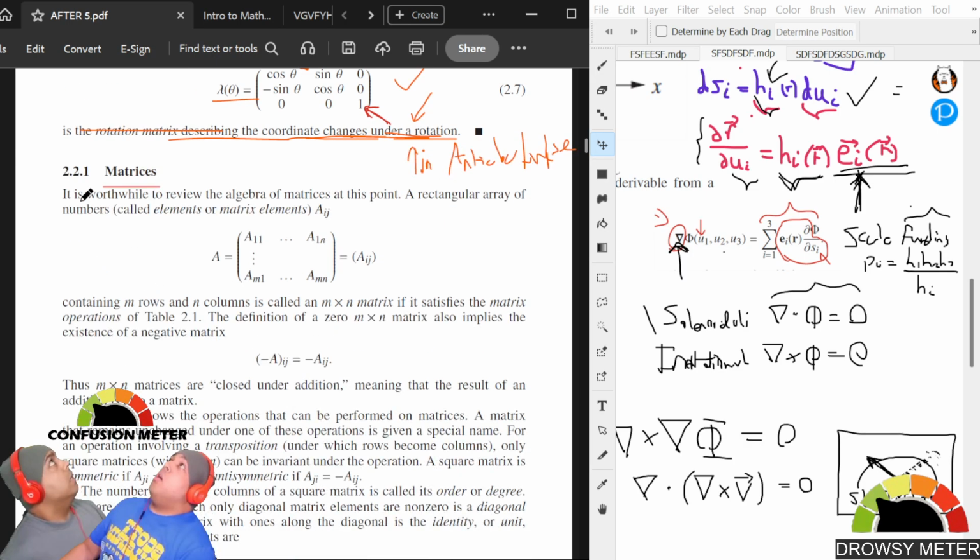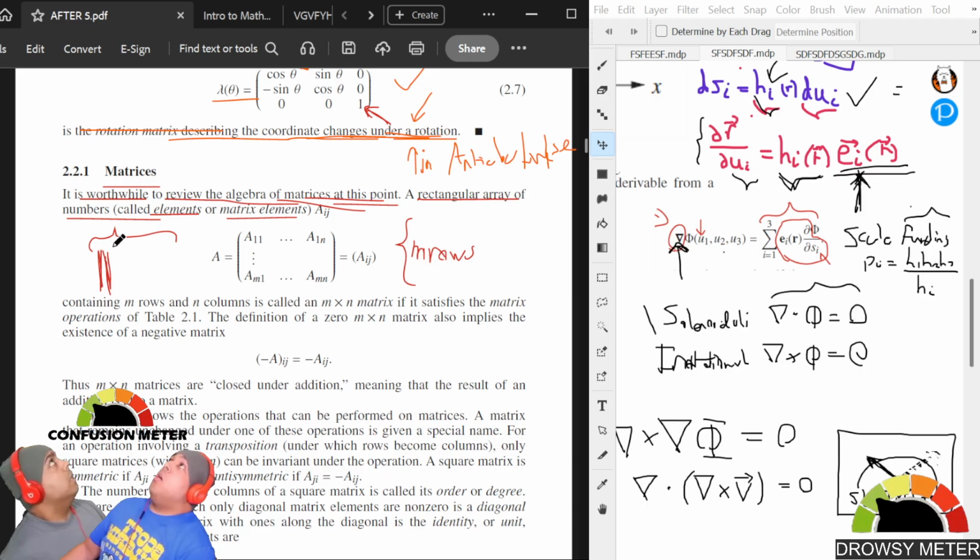Matrices. It is worthwhile to review the algebra of matrices at this point. A rectangular array of numbers called elements or matrix elements, Aij, containing m rows, n columns.